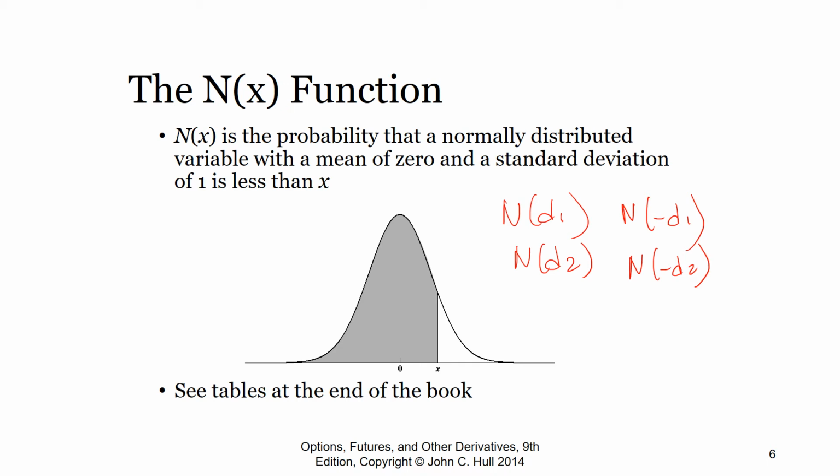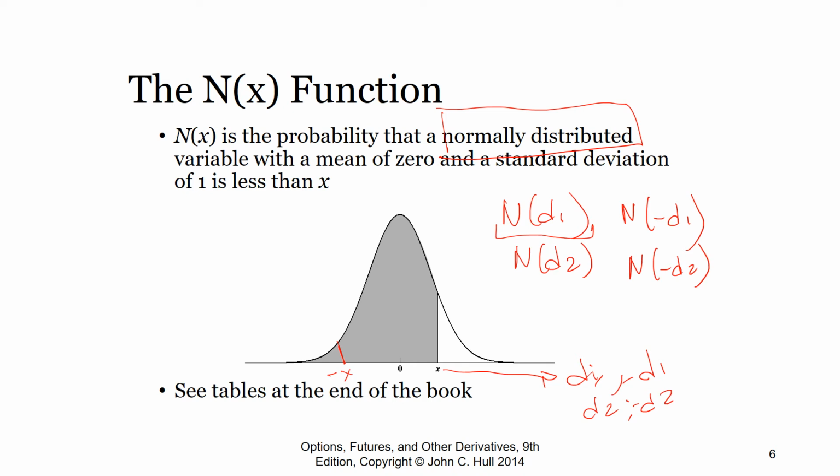If you really want to know what it is, it's simply the values in the normal distribution, which is a probability distribution, and N of D1 gives you the area in gray here, where D1 would be the X, or minus D1 would be here, so minus X, or D2 and minus D2.